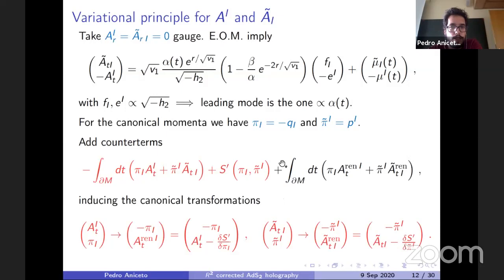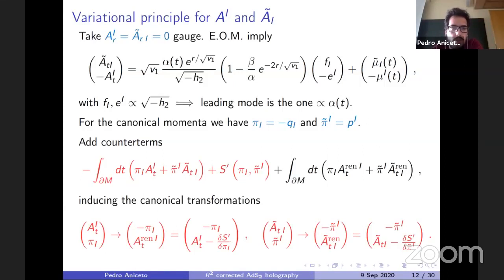In the end, we use another Legendre transform. Unlike these terms that are divergent on shell, this term is completely finite on shell and well behaved, and we just add it to the action so that we impose Dirichlet boundary conditions on the chemical potentials and not on the conserved charges. So this is the complicated part of the variational principle.